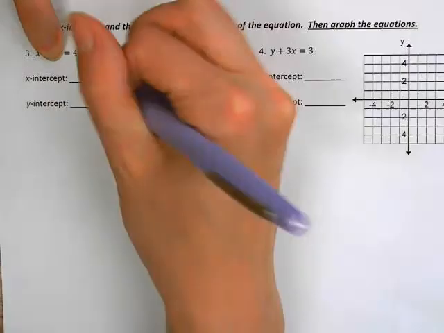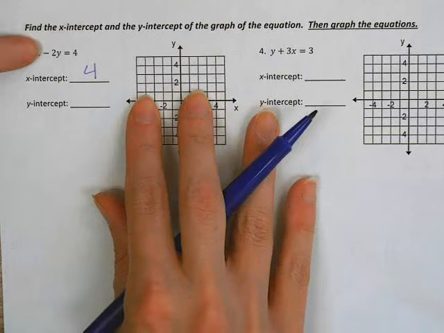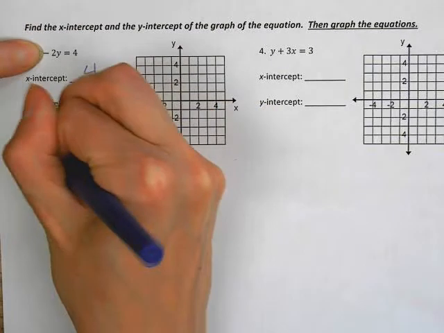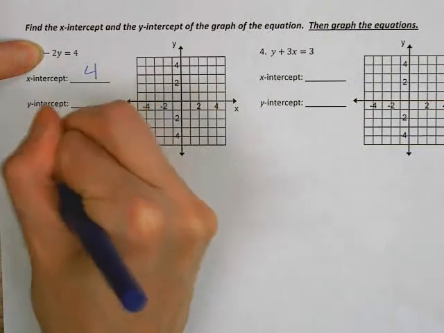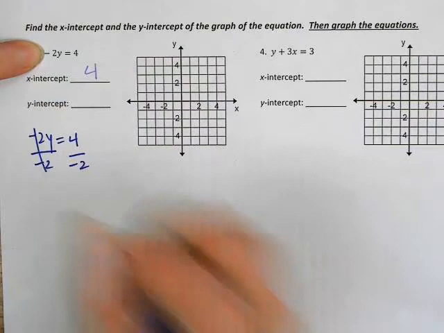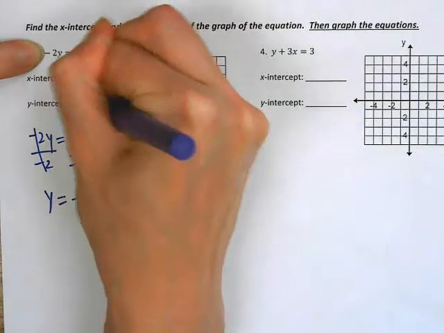It's already x equals 4. Now the y-intercept, we cover up x, and we actually have to solve this one for y. So if negative 2y equals 4, divide by negative 2, divide by negative 2, it looks like y is negative 2.